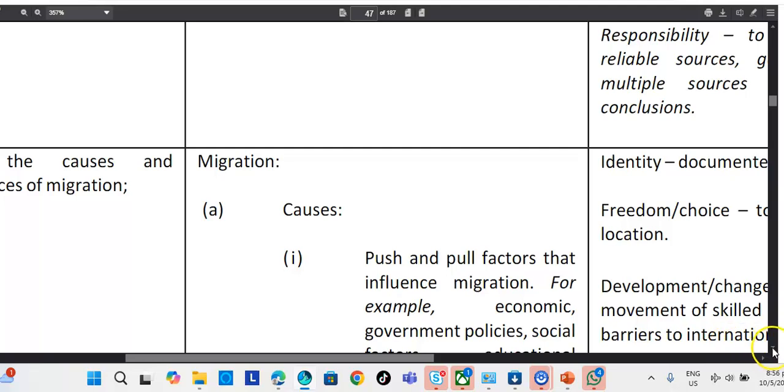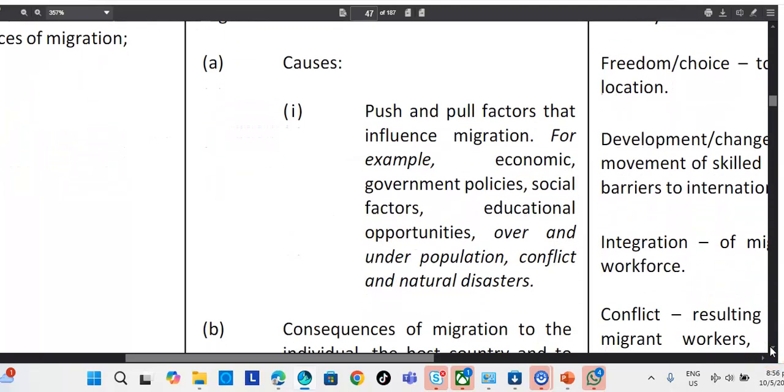For example, what are some of the factors that would push you to migrate to another country? Pull factors, what are the things that are attracting you to migrate into a country? Push factors would be examples such as crime, unemployment. What else could be a push factor?